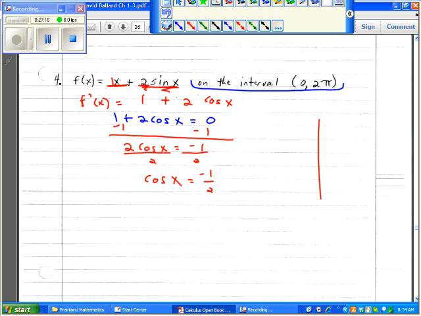Now at this point, we go to our memory work. We have that they're all positive in quadrant 1. Sine is positive in quadrant 2. Tangent is positive in quadrant 3. Cosine is positive in quadrant 4. And my interval is from 0 to 2 pi. So I'm going to go all the way around. Now, from memory we think, what the cosine of what is 1/2? 60. Good. It's 60 degrees, which is pi over 3.